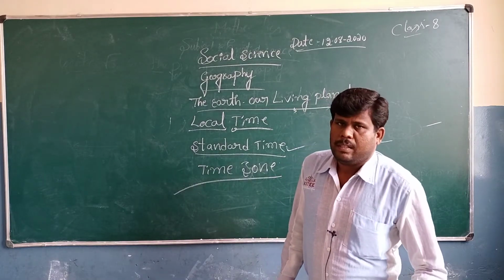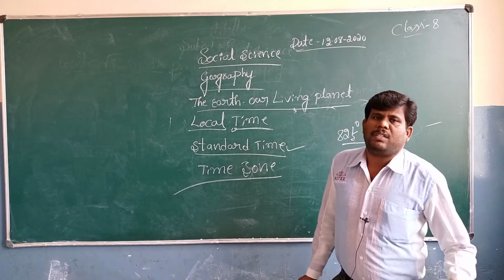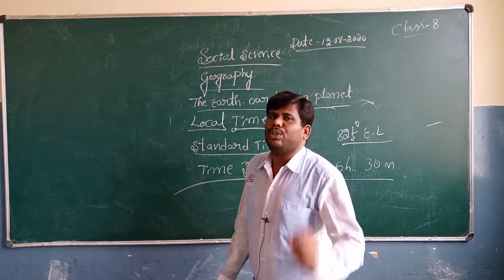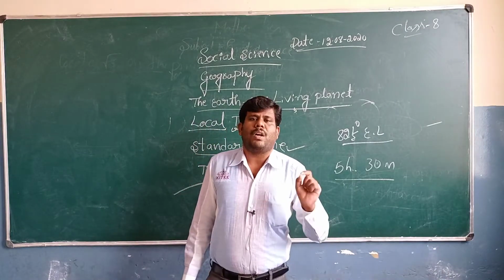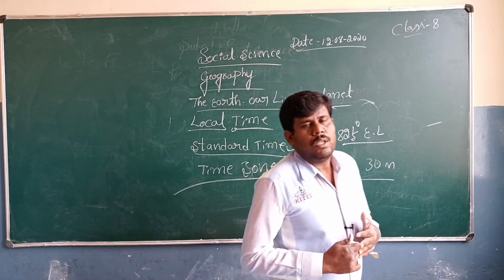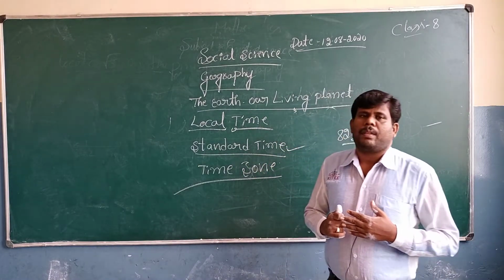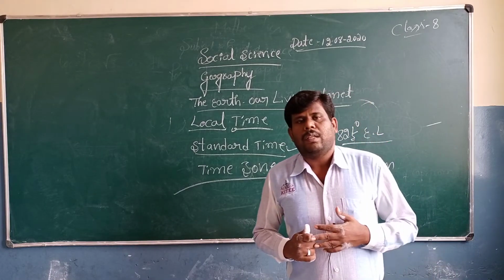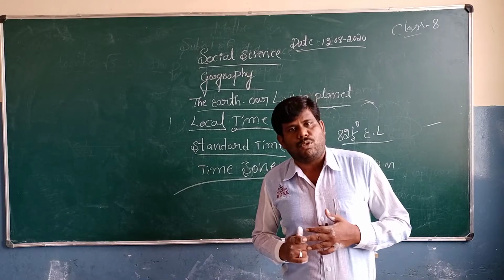Those countries face time differences of 3 to 4 hours because they have large land areas. To avoid this confusion of time, the world is divided into 24 time zones.